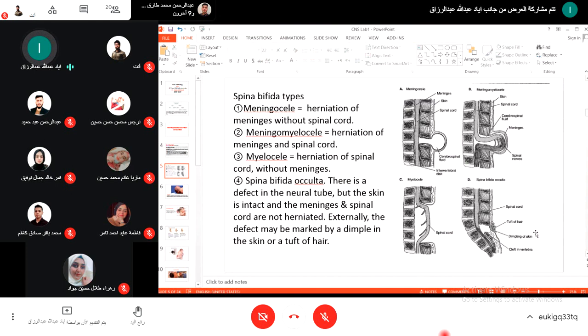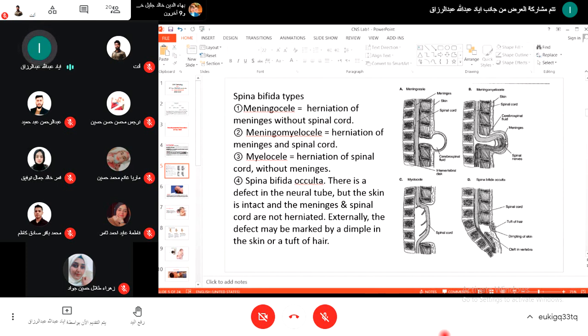Here you can see another diagram showing what was discussed earlier: meningocele, meningomyelocele, myelocele and spina bifida occulta. Here you can see this is spina bifida occulta. Notice there is a tuft of hair and a bony defect without herniation.